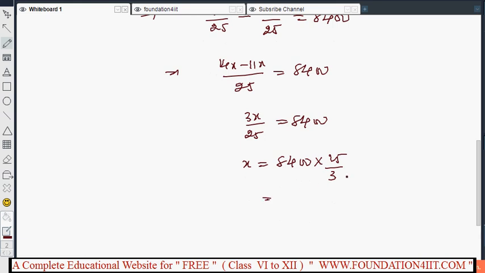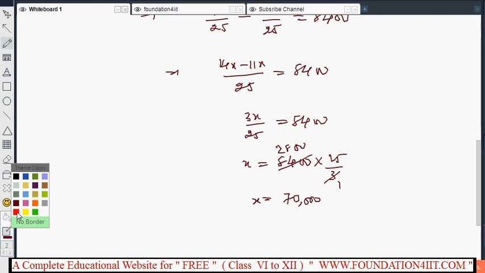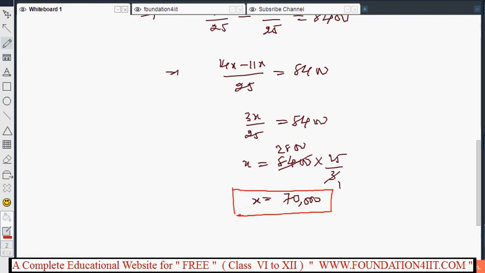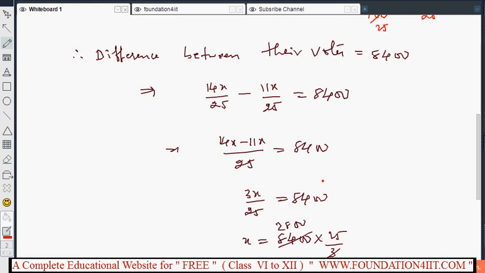Try to solve. 3 table cancel, 3 ones are 3, 6, 24, 2,800 into 25, that is 70,000. X value is 70,000. So the number of votes polled is 70,000. So if you make the given condition into this form, because the difference of the votes is 8,400, based on that, if you take the statement, you can solve the problem easily.